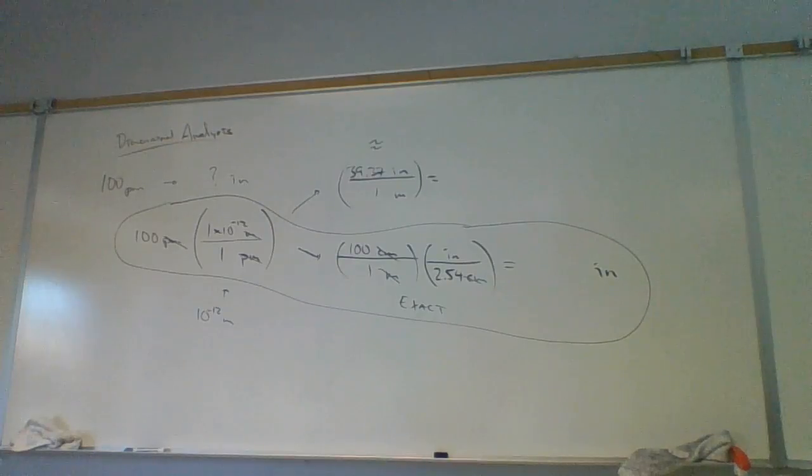Your standard scientific calculators. Let's just try this one. All right, 100. All right, times 1 times 10 to the minus 12. So we have to put in the 1 there because this is how we enter scientific notation. 1, and then the EXP for scientific notation.